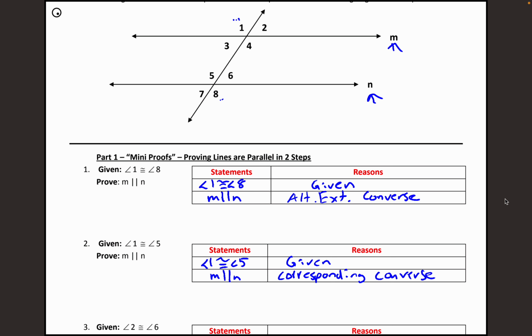What was the other one we learned? What was the fourth one? The one that adds up to 180. It's something interior, but not alternate. And that would be the same one for this one. See if you can remember the one we talked about at the beginning.